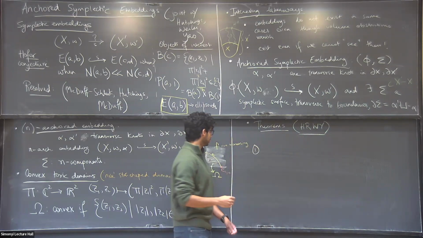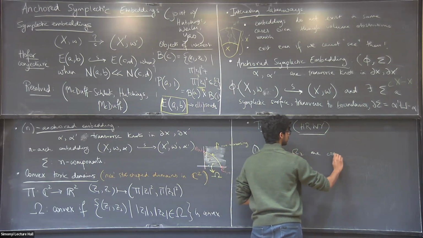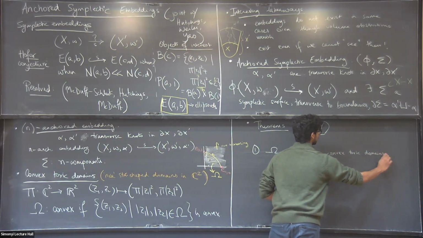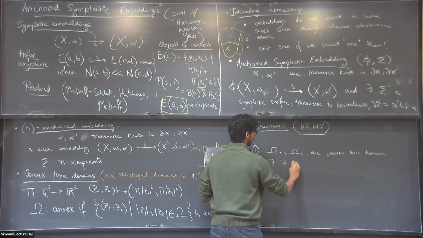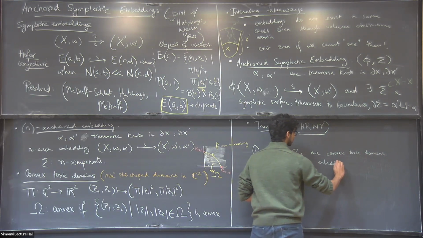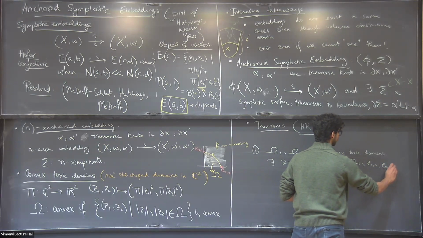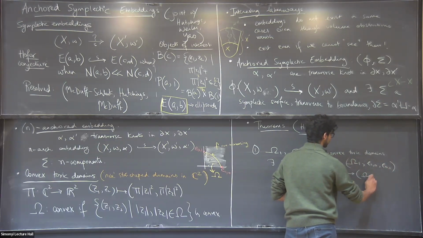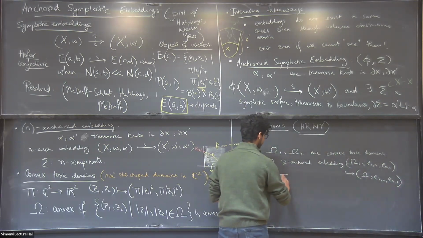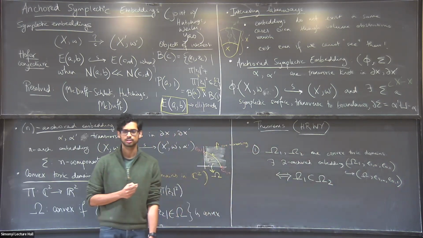Now, firstly, suppose you have Ω1, Ω2 convex toric domains. There exists a two-anchored embedding of (Ω1, E10, E01) into (Ω2, E10, E01) if and only if Ω1 sits inside Ω2 as a convex toric domain.